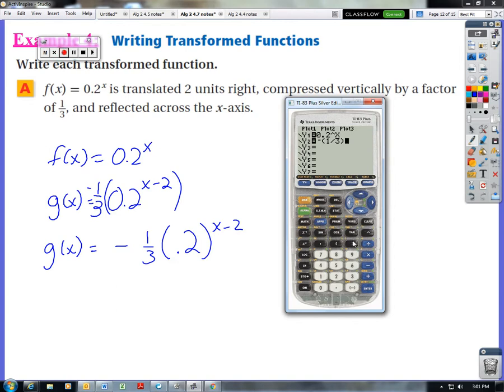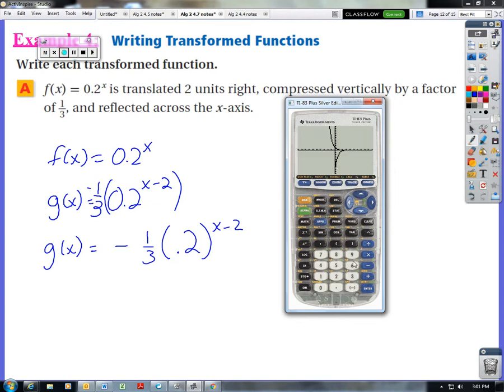If you don't, you're going to get the wrong thing. Times 0.2 raised to, and the x minus 2 has to be in parentheses too. If you don't type it in correctly, your check might be incorrect, and you actually could have the correct equation. Okay, let's zoom 6.